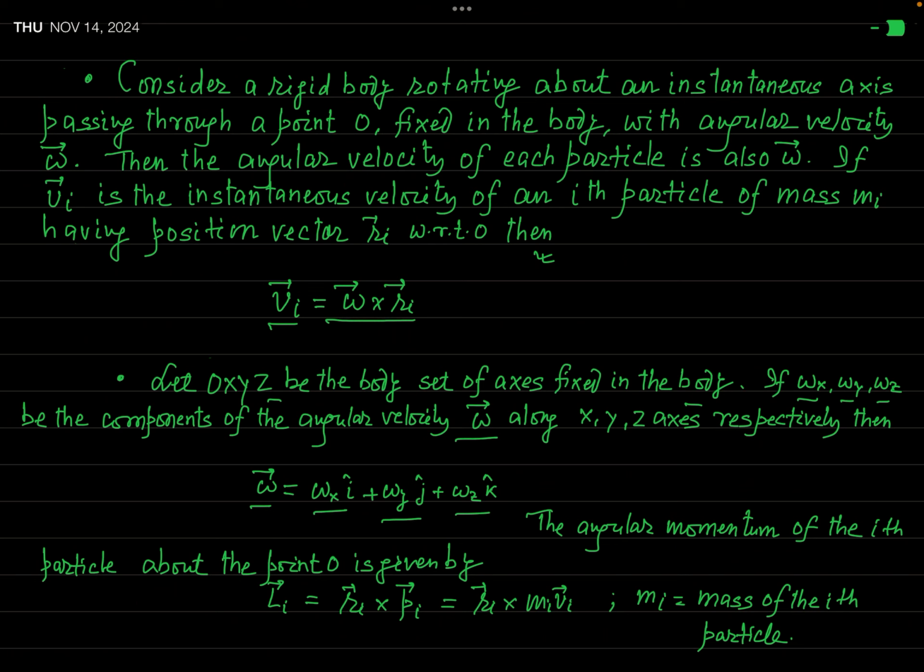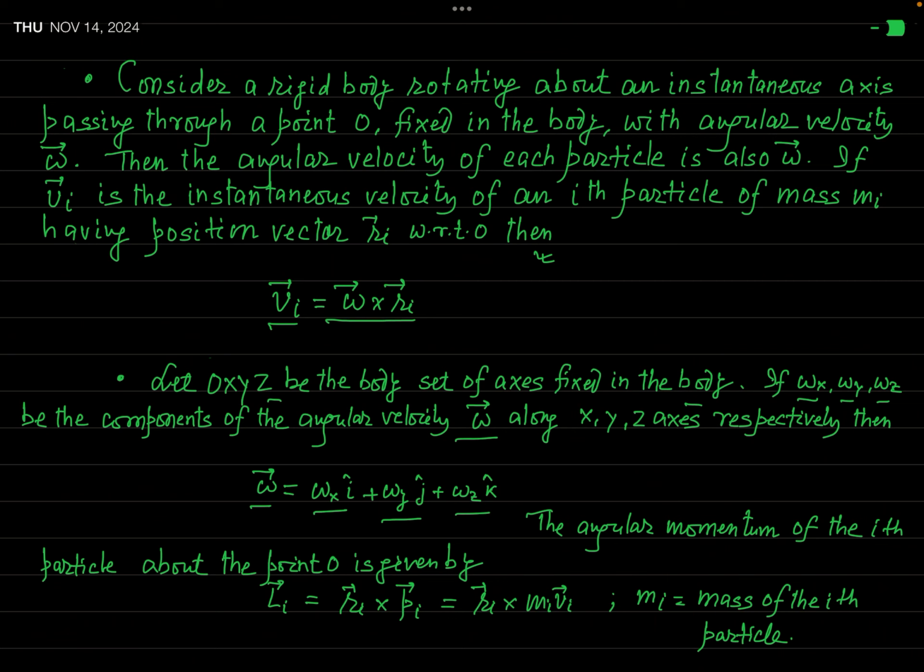Our assumption is, for the time being, that this body is composed of n discrete particles. So if your aim is to find the angular momentum of the body, what will you do? You will find the angular momenta of every particle, and then add those angular momenta vectorially to get the angular momentum of the rigid body.